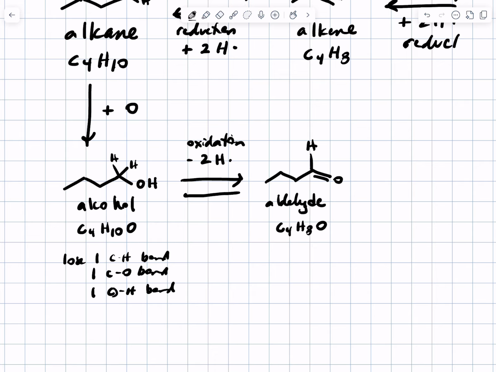Of course, if we add two hydrogen atoms to the aldehyde, we can reduce the aldehyde to the alcohol. We will learn how to do oxidation of alcohols to aldehydes in chapter 11, but we will not learn how to reduce aldehydes to alcohols until 352.